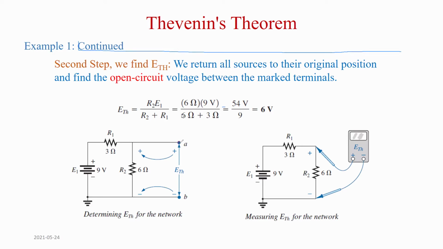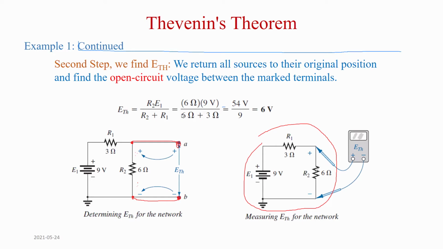So the voltage between these 2 points, the terminals, when they're open, it's E Thevenin. And now this point is exactly like this point, and this point is exactly like this point. And this is an open circuit, so they're not affecting. So this circuit is basically exactly like this circuit. The same thing. And E Thevenin is the voltage just across the 6 ohm.